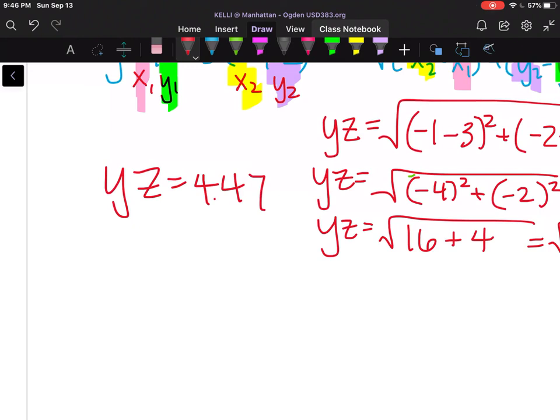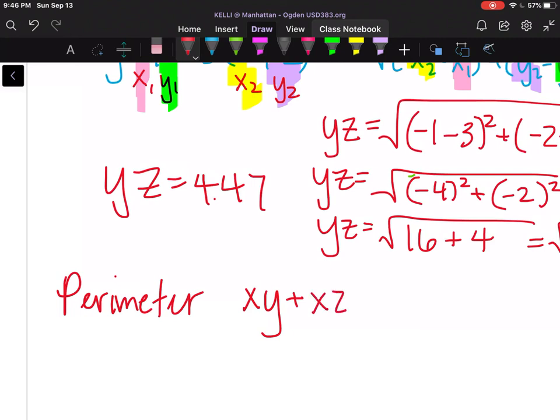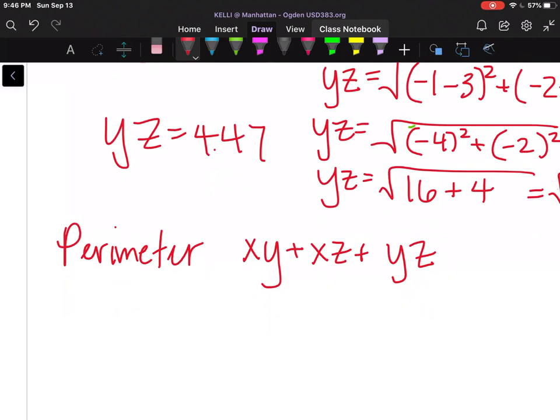Alright, so perimeter. Let's go back to that idea. That's going to be our lengths that we have found. So we needed xy, plus the length of xz, plus the length of yz. Well, we got 5, 5, and 4.47.